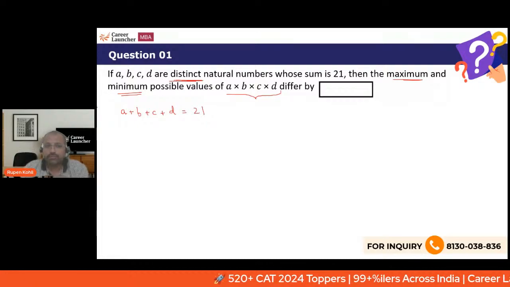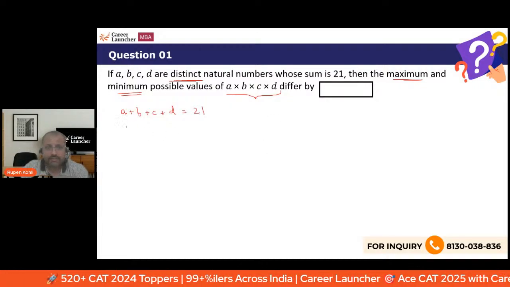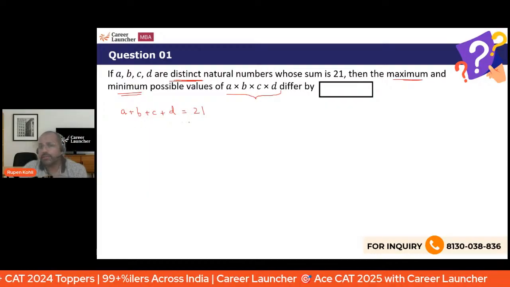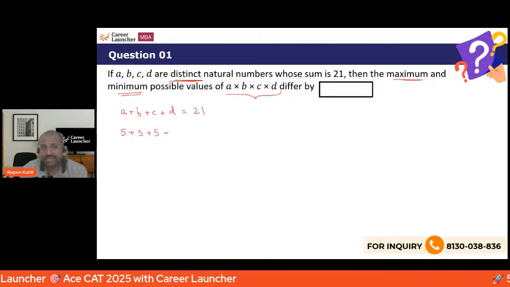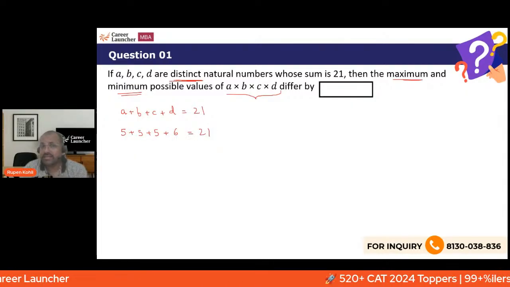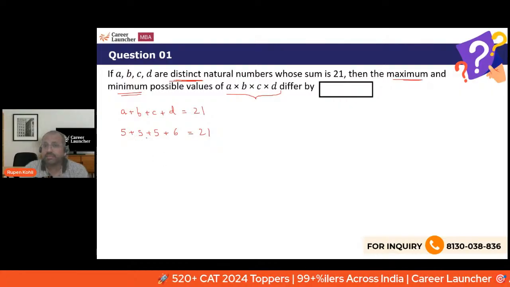So in the range of 5, right? Now, can I say 5555 is 21? Sorry, 5555 is 20. So 5556 would be 21. Now I have satisfied the integer constraint, but not the distinct condition. I need to make them distinct.